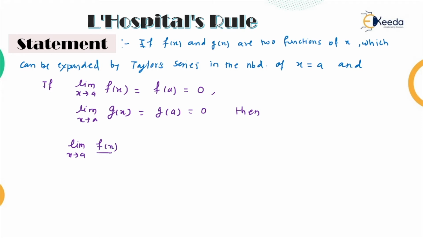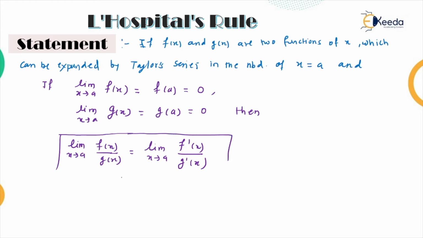then we take the limit as x tends to a of the function f of x upon g of x, which is equal to the limit as x tends to a of f dash of x upon g dash of x. And this is called the L'Hospital rule, guys.